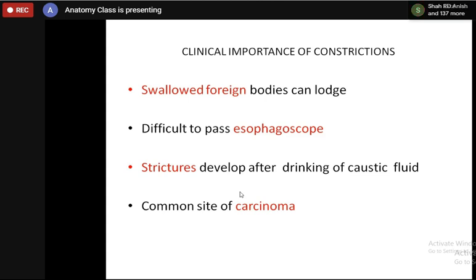Can you recall the first, second, third, and fourth sites of constriction of the esophagus? Anybody? Shall I call your name? Prajol, is Prajol there? Prajol Kafle? Are you there, Prajol? Are you people listening? Yes, ma'am. Where is Prajol Kafle?